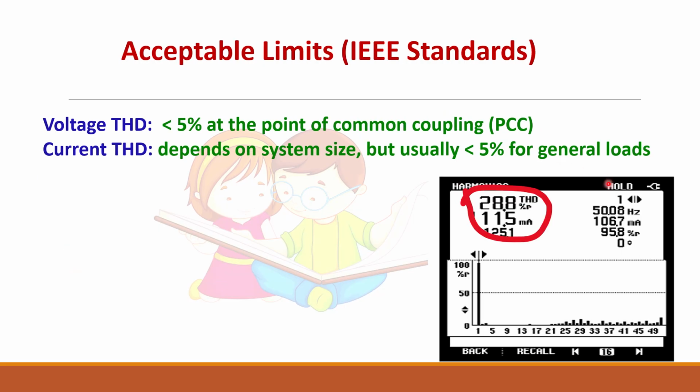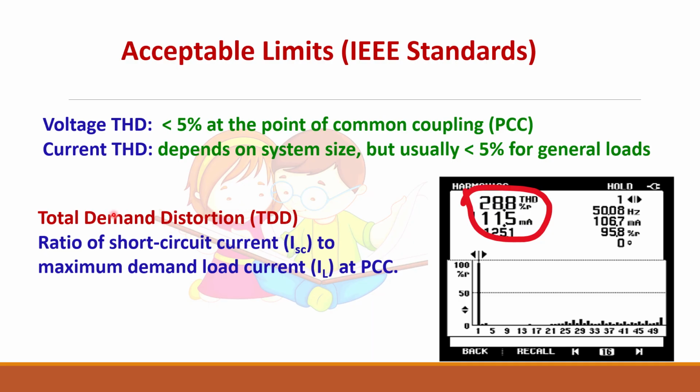Let us take another case where the THD is 28.8%. Depending upon the nature of the current, the harmonic THD percentage can be anything. Normally for voltage, THD is preferred, but for current, another metric called total demand distortion is widely used, which is nothing but the ratio of short circuit current to maximum demand load current at PCC.